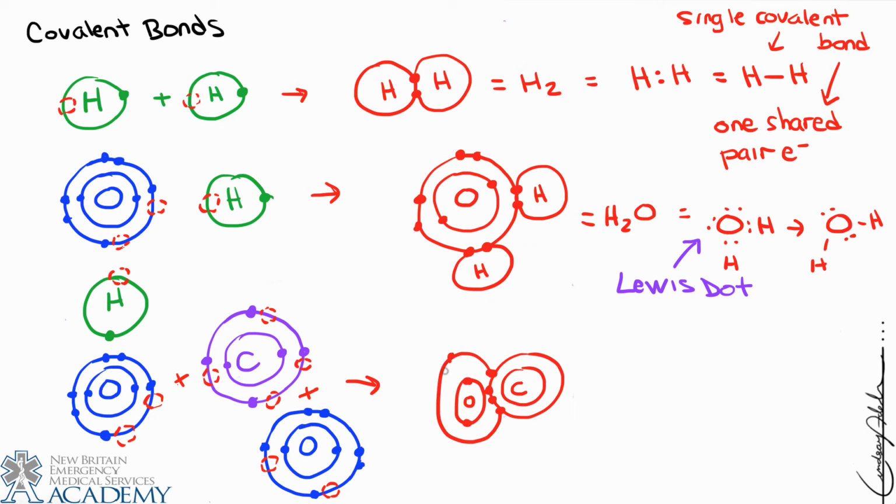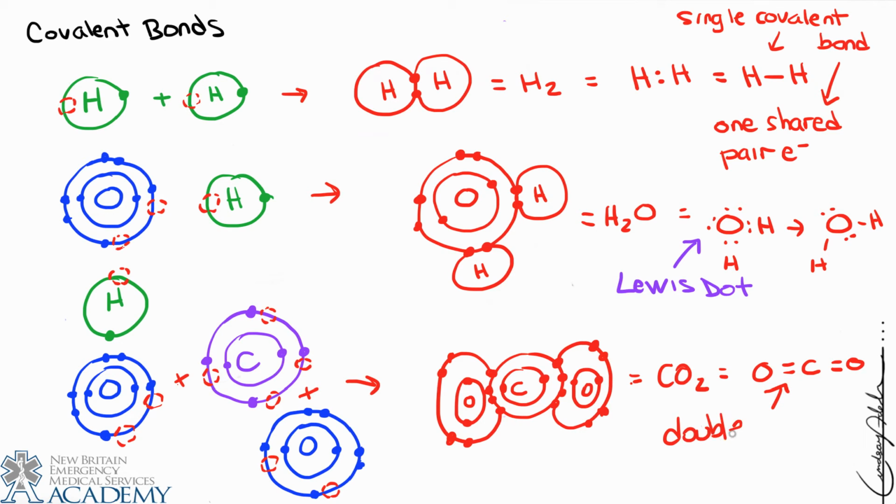So we see now that the oxygen is sharing a total of 4 electrons with the carbon, and then the other oxygen is also sharing a total of 4 electrons with the carbon. So what this means is that we're making a double covalent bond. If we have a double covalent bond, we have 2 shared pairs of electrons that make up the bond, as opposed to just the one that we showed in the previous examples.